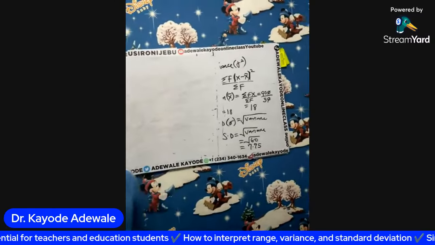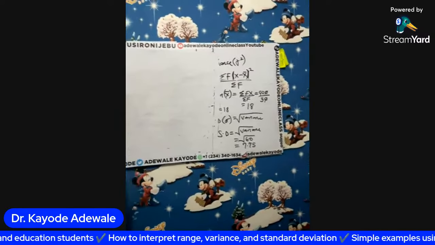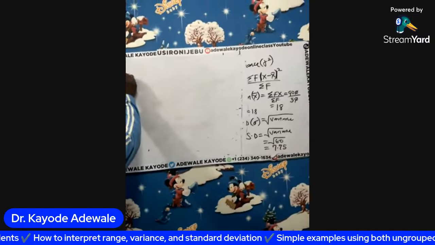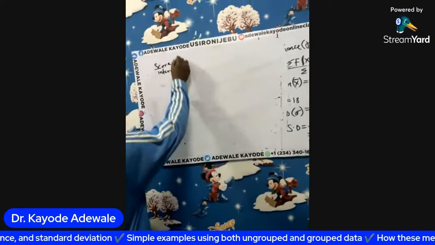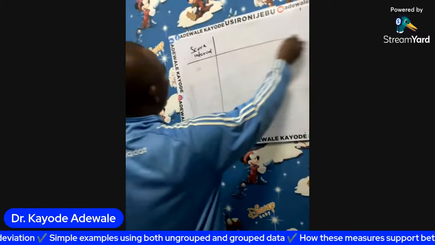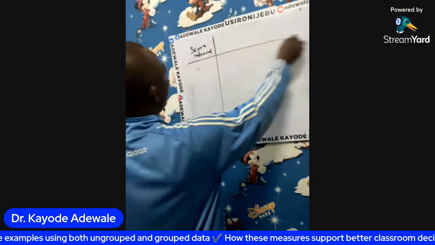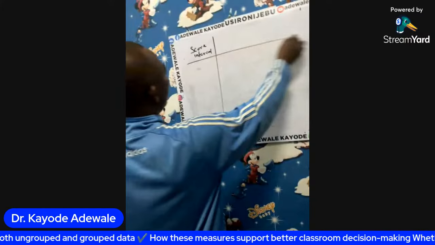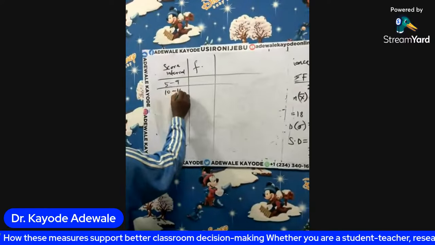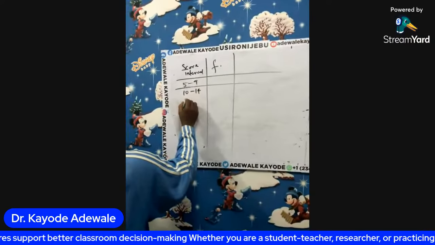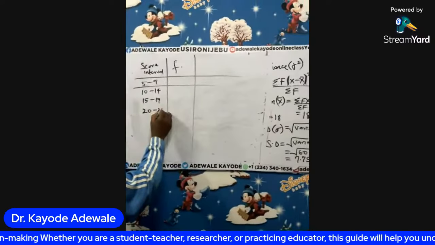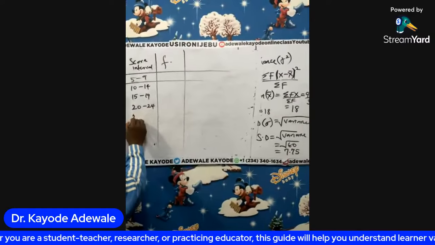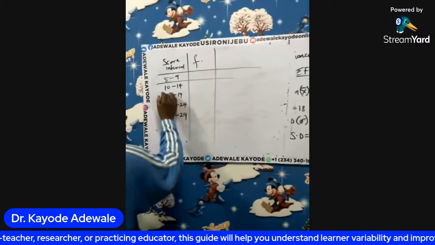And like I said, this is going to be a score interval. Score interval, and this is frequency. I have 5 to 9, 10 to 14, 15 to 19, 20 to 24, 25 to 29.